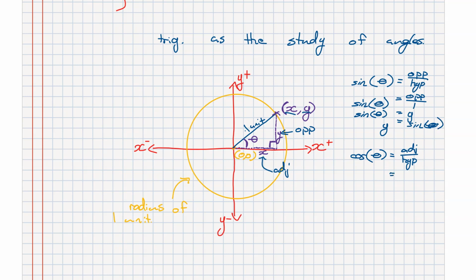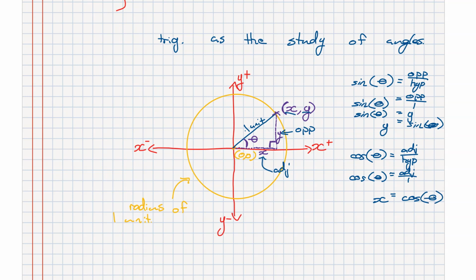Similarly for the adjacent, cosine of theta equals the adjacent over 1, and the adjacent is the x value. So x equals cosine of theta.